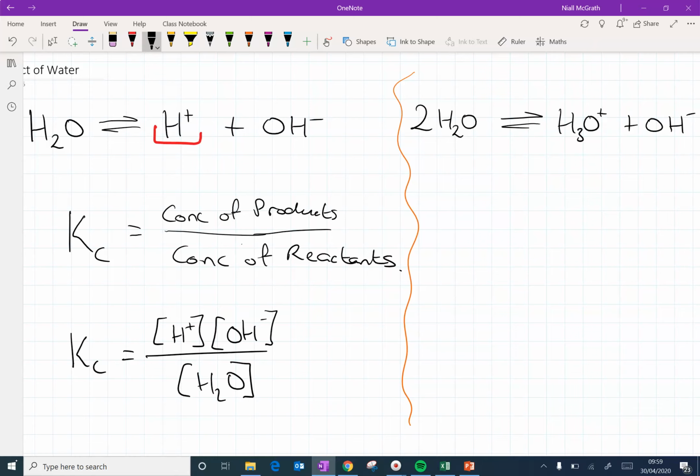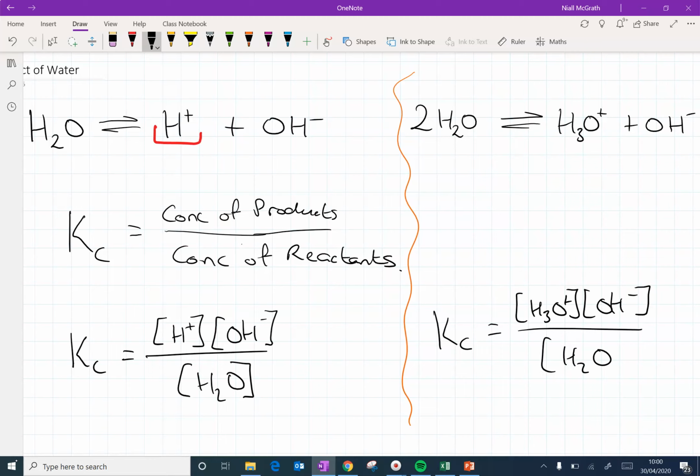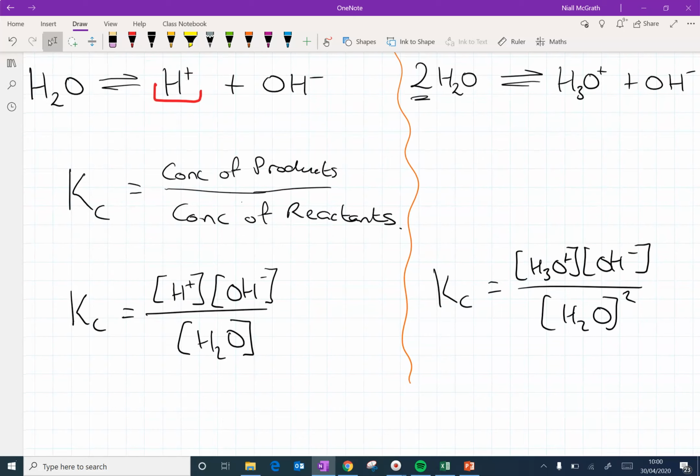On the right hand side, Kc is equal to H3O plus times OH minus, square brackets are important, over H2O squared. They would be our equilibrium constants for those reactions.